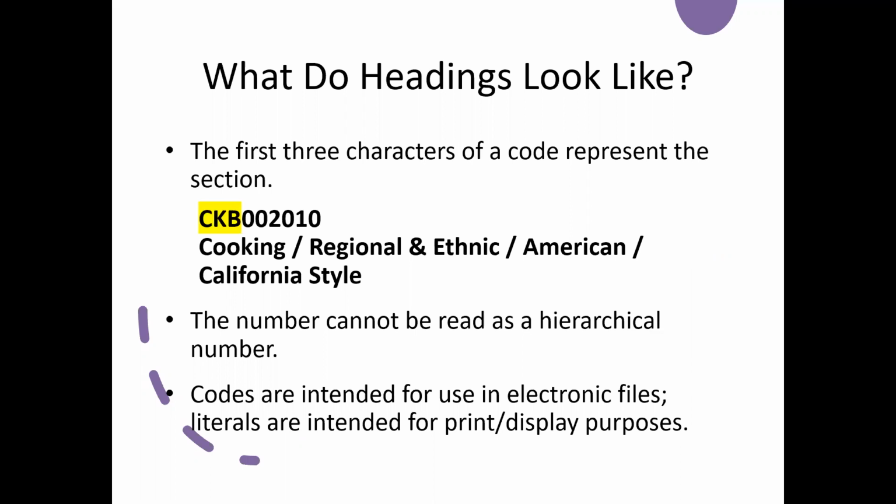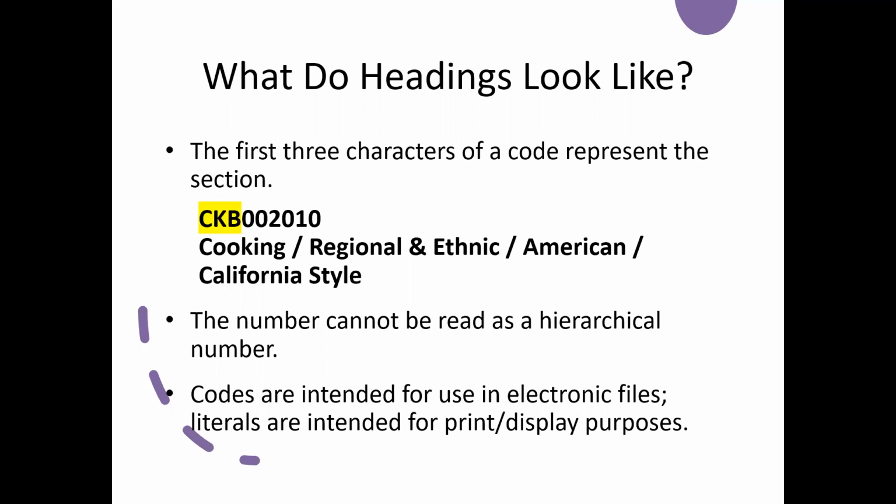Sometimes I look at social media to see what people are saying about the list. And recently I saw someone ask about the numbering system, and the numbering system doesn't really mean anything. You can't read that as a hierarchical number, because if the meaning of a heading were to change, we would assign a new code.